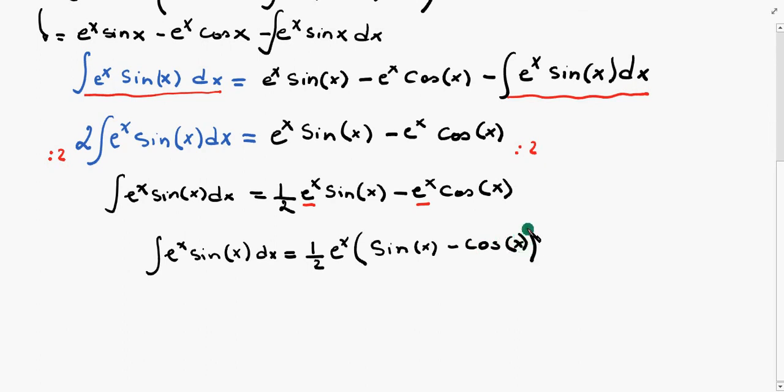Here we're done with our integration, and this is our final result. So we say that the integral of the exponential of x sine x dx equals 1/2 exponential of x times sine of x minus cosine of x.